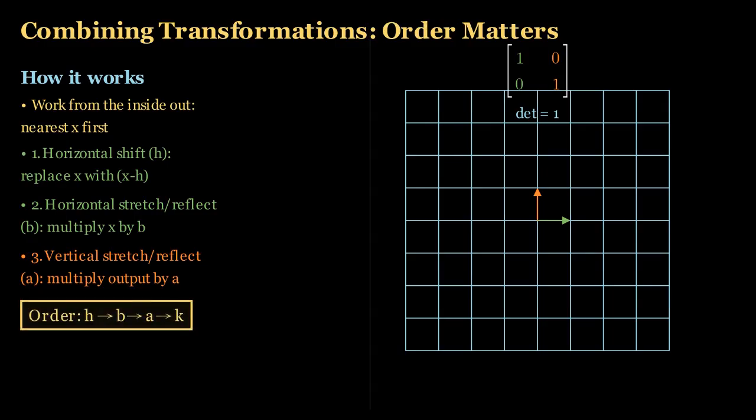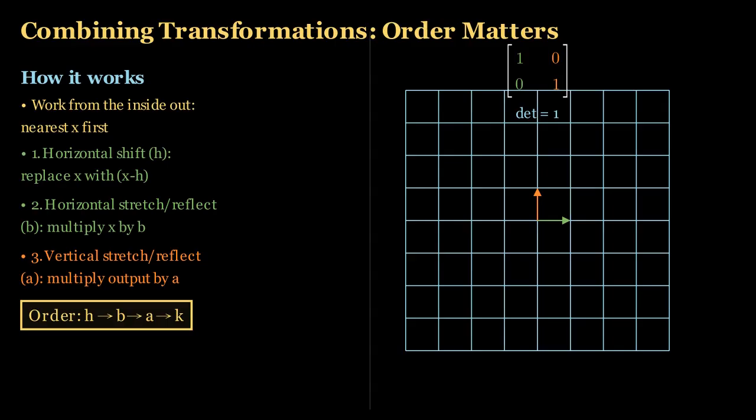Let us put this to work with a concrete example. We will transform our parent parabola, f of x equals x squared, into the new function -2 times x plus 3 squared, plus 4. First, we must match this to our general form, a times f of b times x minus h, all plus k. To see the h clearly, rewrite the inside as x minus -3.